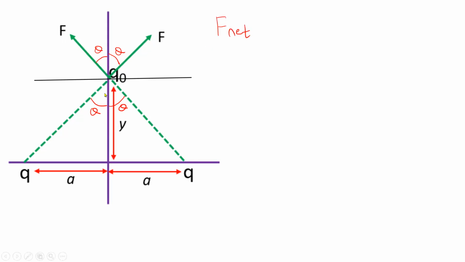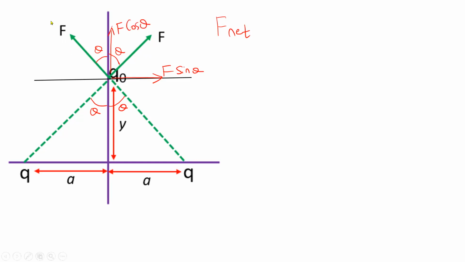So we need to break down the forces into their components. The x component of this particular force will be F sine theta. Let's draw that. We will have an F sine theta, and the vertical component will be F cos theta, which goes up.